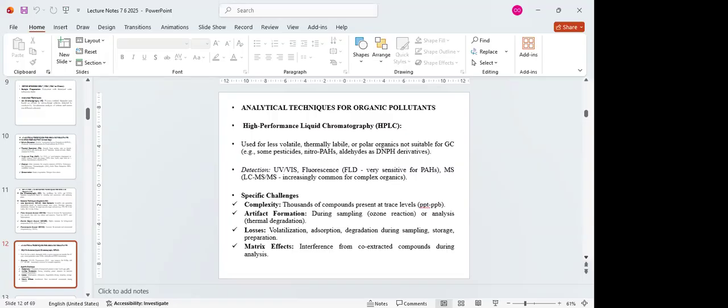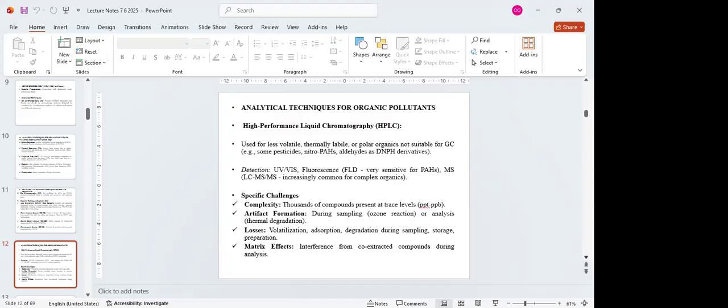And some of these materials are the PAHs, aldehydes, and DNPH. Then the detection is by UV-Vis fluorescence, FLD, which is very sensitive for PAHs.